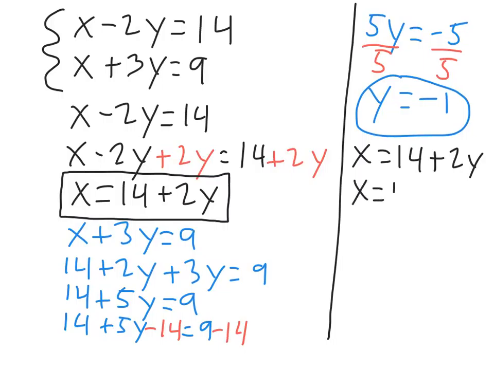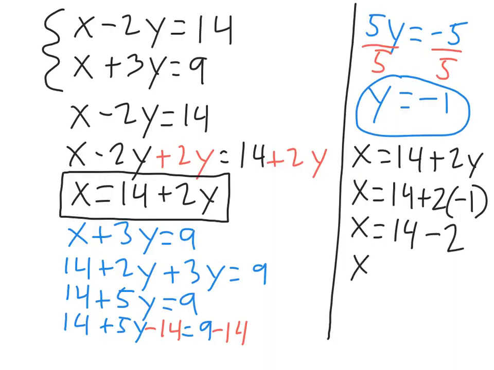So x equals 14 plus 2 times negative 1. 2 times negative 1 is negative 2, and 14 minus 2 is 12. So we get the answer that x is 12.